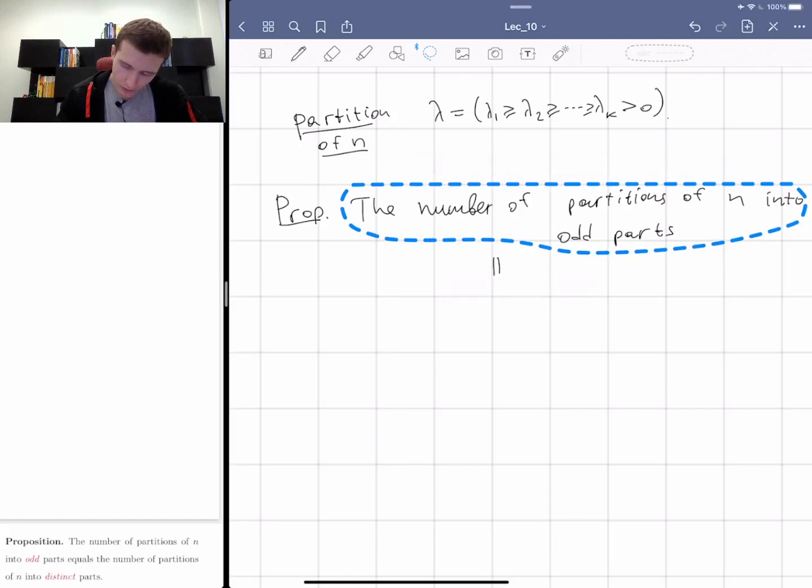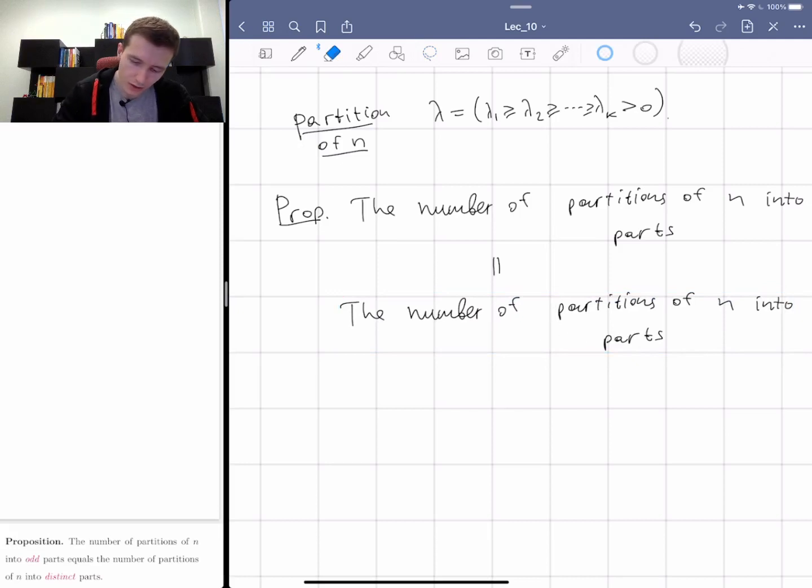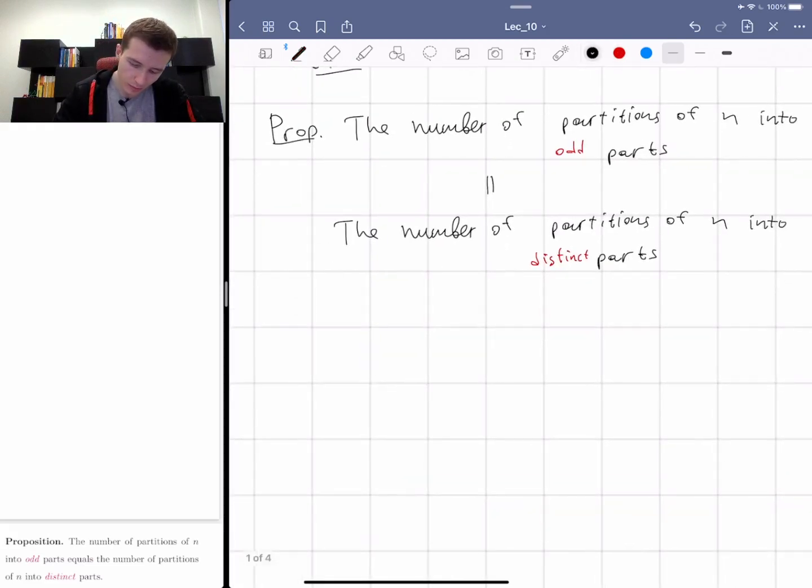the number of partitions of n into distinct parts. Just to give you an example of what I mean, maybe 7. So let's say n is equal to 7.